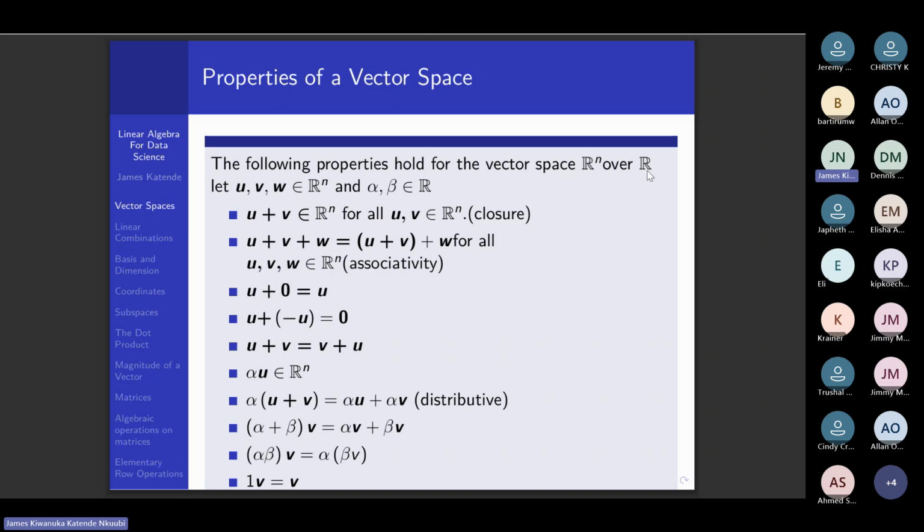In this case, our field is still R, and that means our scalars will be real numbers. And then this set, you define addition on it. You can add two vectors, and the addition requires that if you add two vectors, you should get another vector in the same set.